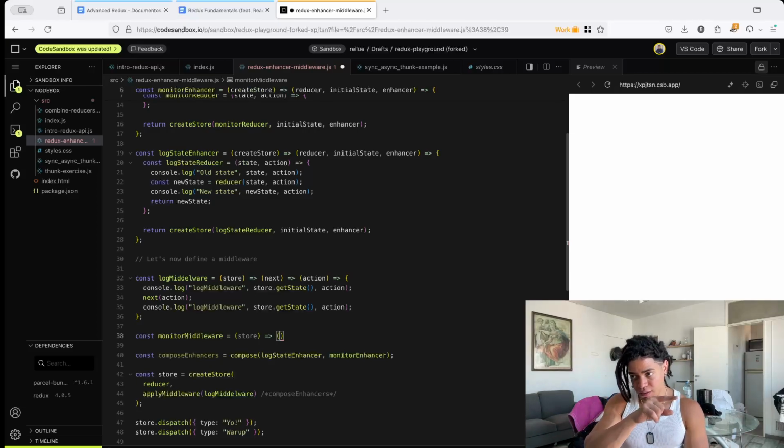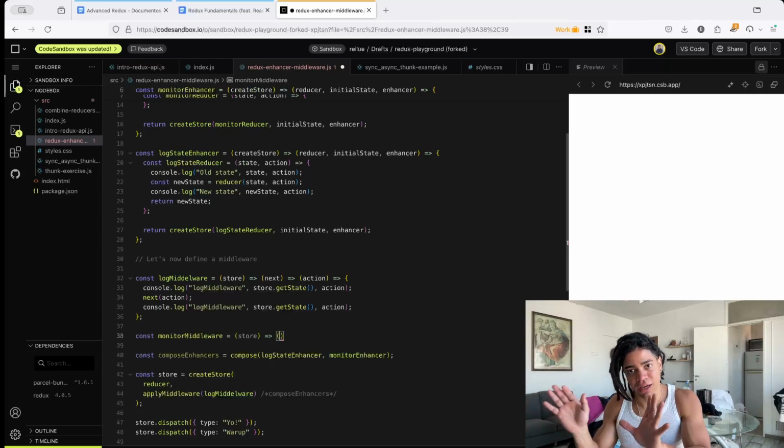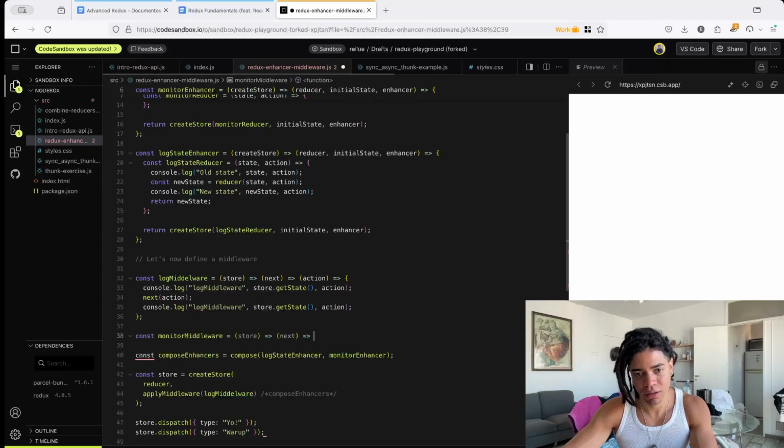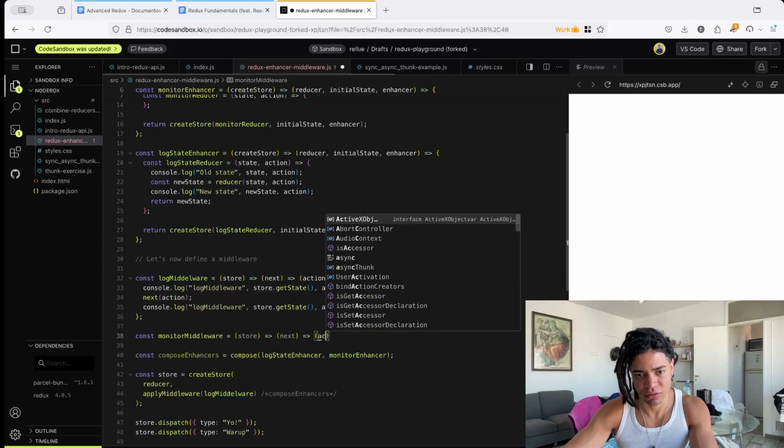Because middleware intercepts the dispatched actions, whenever you call that function, you need to find a way to run it. It's like, hey, I am in the middleware, I intercept this, now I need to let that action happen, which is with next. And we're also going to get the action, right?